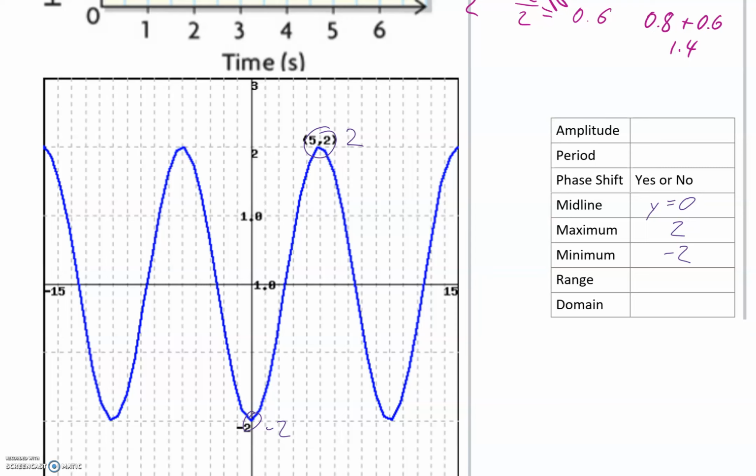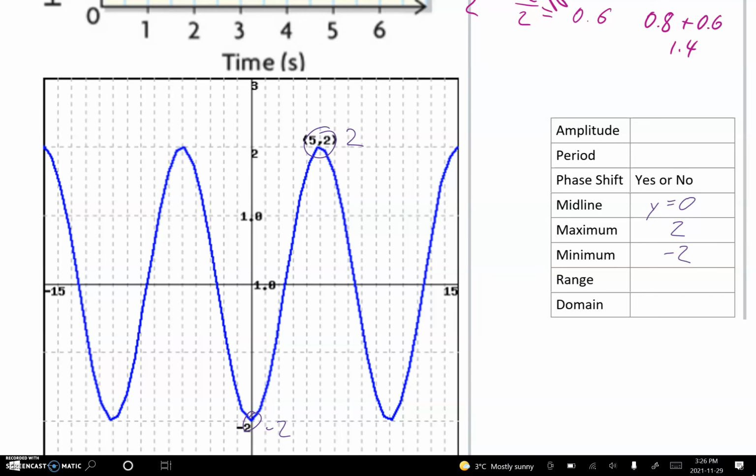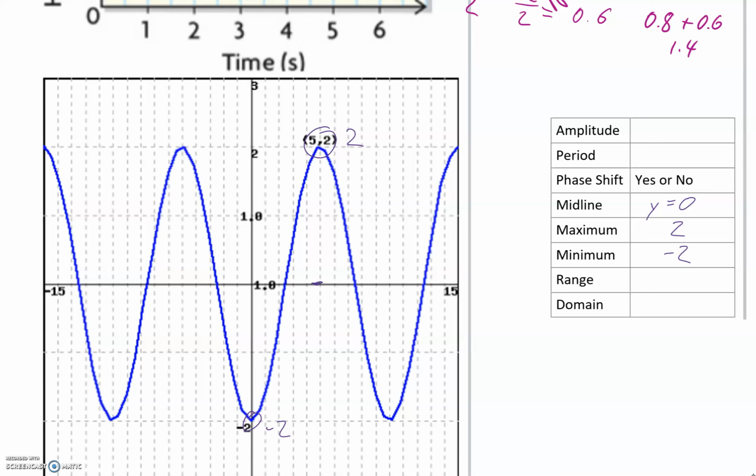And then going on to find our amplitude, it's the height from the midline to our maximum point, or the height from our minimum to our midline. And that is an amplitude of 2.